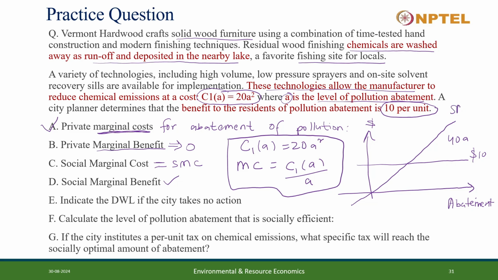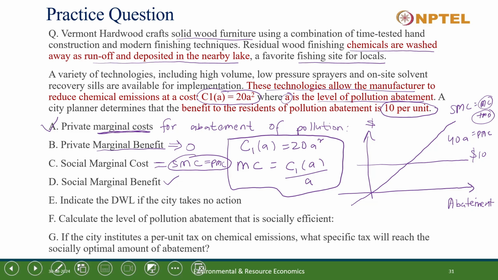We said that social marginal cost is equal to marginal cost of production plus marginal damage, right? Sorry, social marginal cost will be private marginal cost plus marginal damage, right? So now this is my private marginal cost, which is 40A, and in this case my social marginal cost will be equal to private marginal cost. Okay, is it clear? So 40A will be again my social marginal cost.